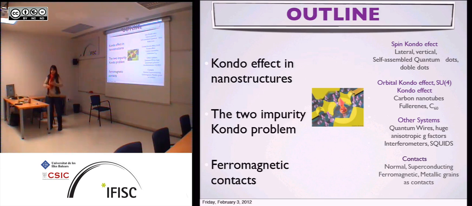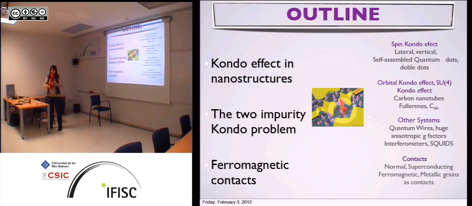So the impurity at the beginning had some finite magnetic moment, but at the end, due to this spin-flipping effect of the impurity, it is just zero. I mean, it's totally spinning. So the system prefers to flip the spin of the impurity all the time and form what is called a many-body state, that is a singlet state.